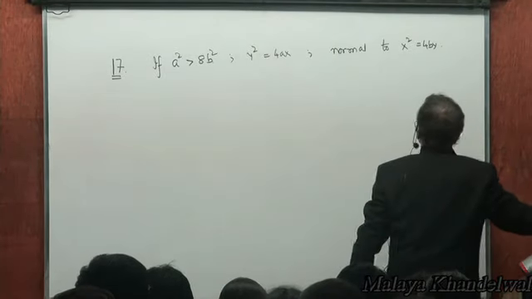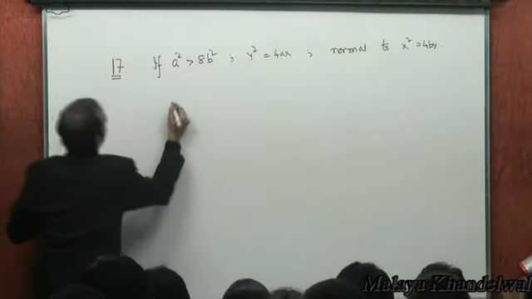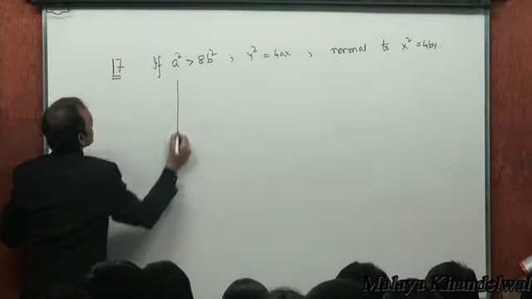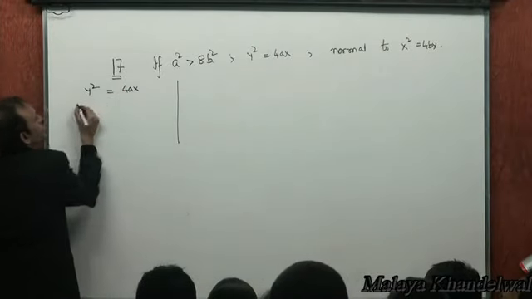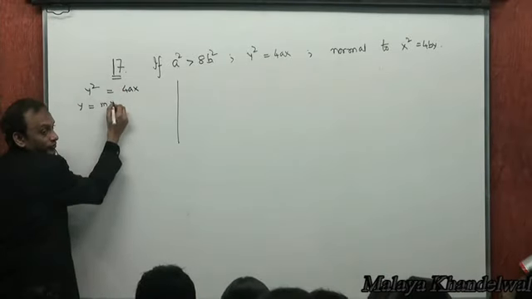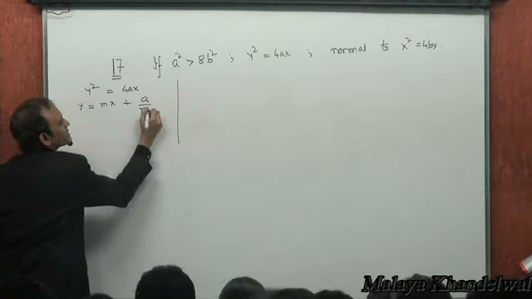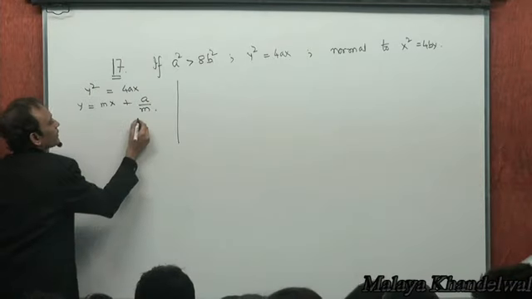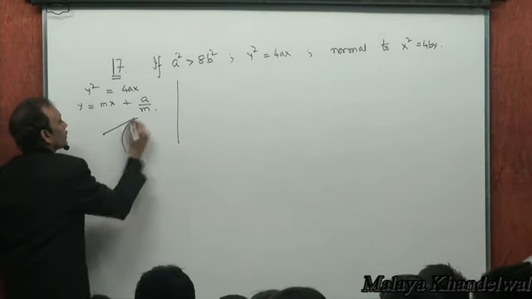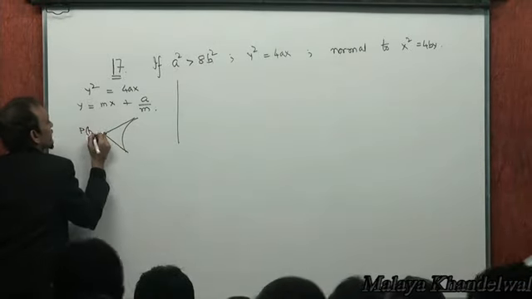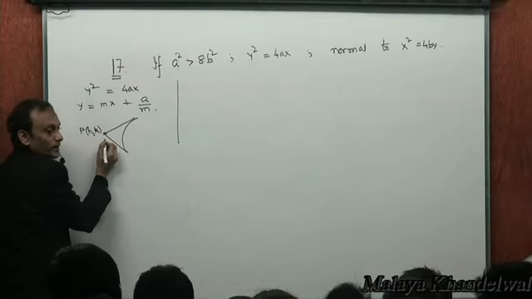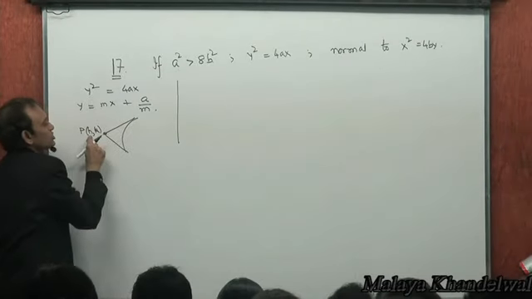First of all, let me start with y squared equal to 4ax. Any tangent to this parabola must be of the form y equal to mx plus a by m, right? Suppose the tangents that we are talking about pass through h comma k. That means this tangent passes through h comma k.